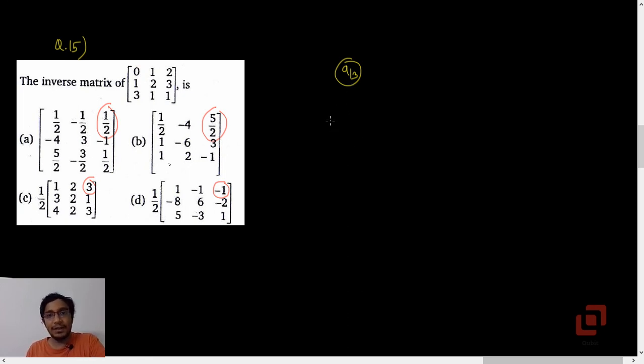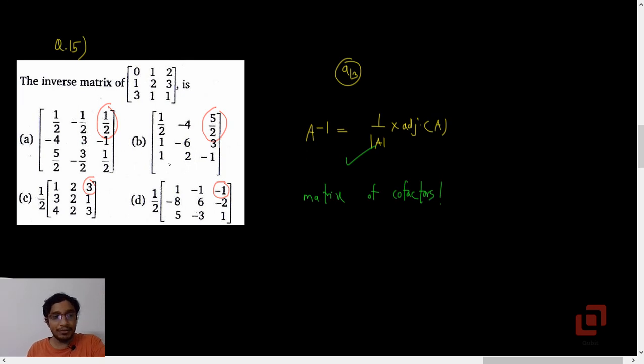So how to find the A13 of the inverse? It is 1 upon determinant of A into adjoint of A. So you will definitely need the determinant, and if you find the matrix of cofactors, you take its transpose, which means you need the cofactor of this 3, because that will take the position of A13.